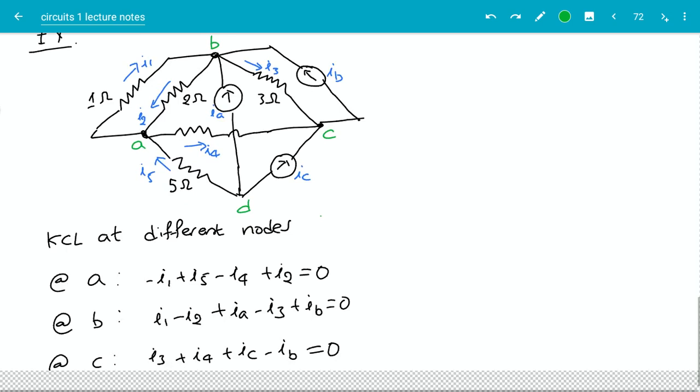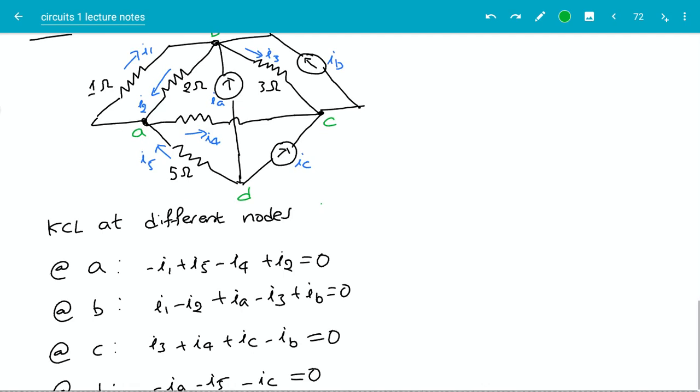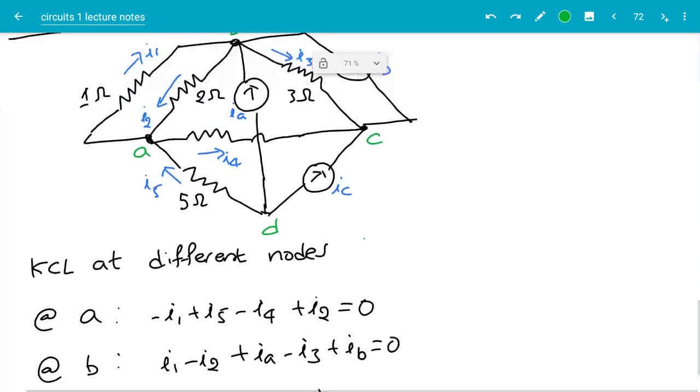I will start from I1 and then go anti-clockwise and cover all the currents.